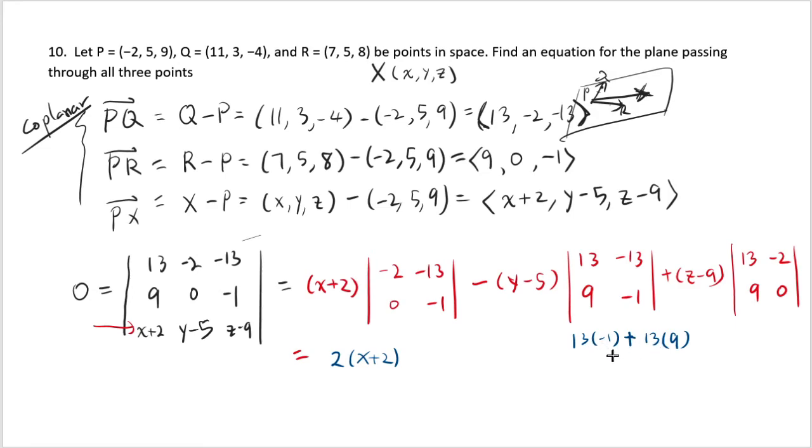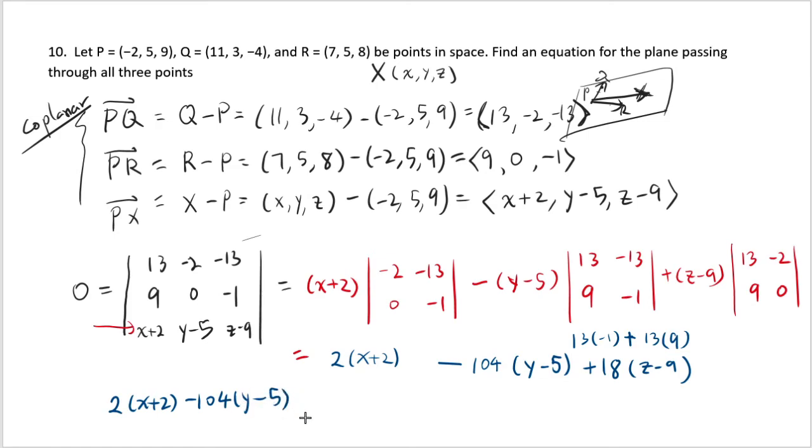So that's going to be 13 times 8, 13 times 8 is 104. Okay, but it still has a minus, so it'll be minus 104(y - 5). Okay, that's a very big number. And then 13 times 0 minus -2 times 9, so that's 18(z - 9), and therefore the answer would be 2(x + 2) - 104(y - 5) + 18(z - 9) equal to 0.